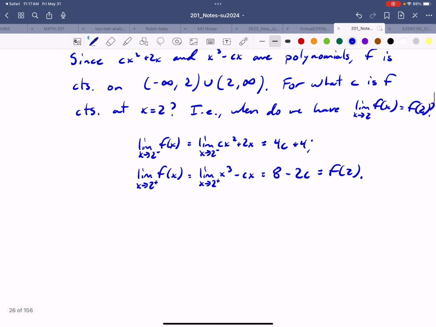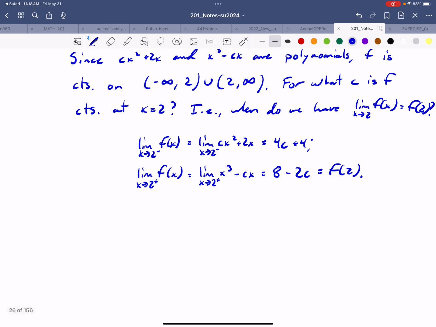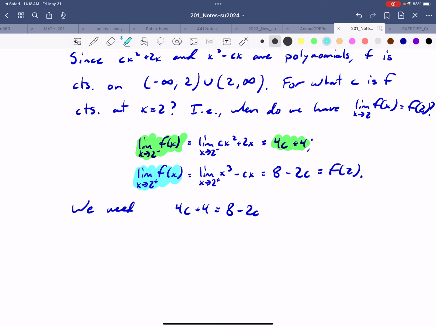All right? So for f to be continuous at 2, what do we need? We need 4c plus 4 to equal 8 minus 2c, because we need the left-hand limit to equal the right-hand limit, which also equals f of 2, by the way.